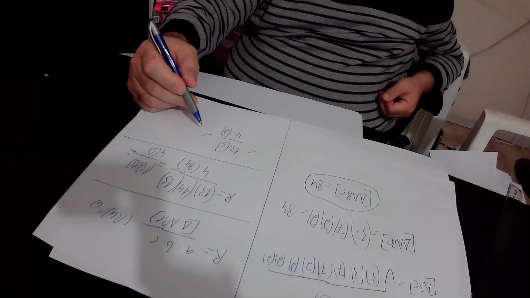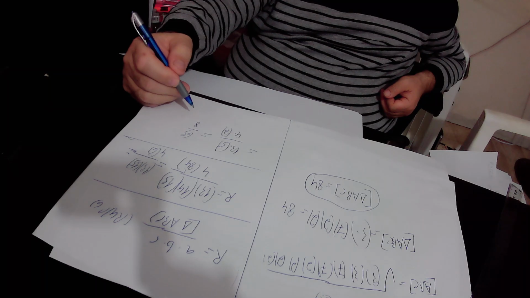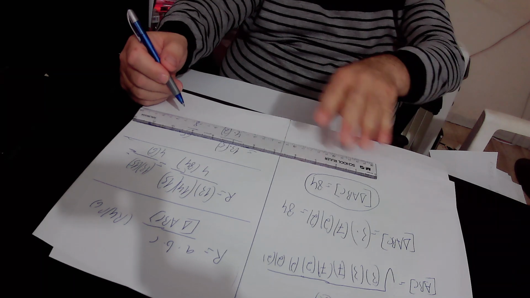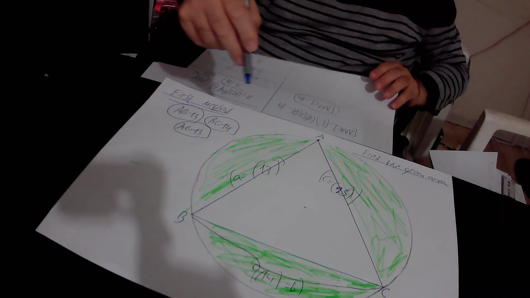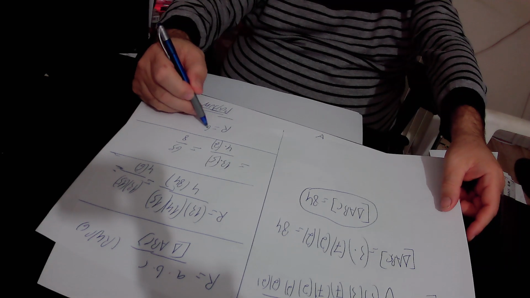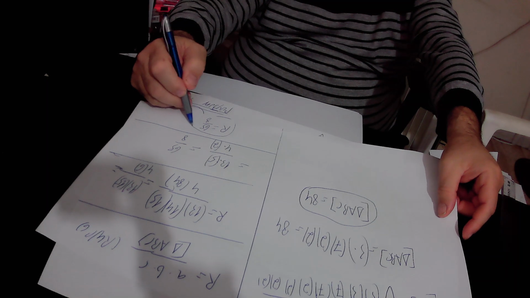So 13 times 5 is 65, and 4 times 2 is 8. So we found out that the radius of this circle that blocks triangle ABC, capital R, equals 65 over 8 units.